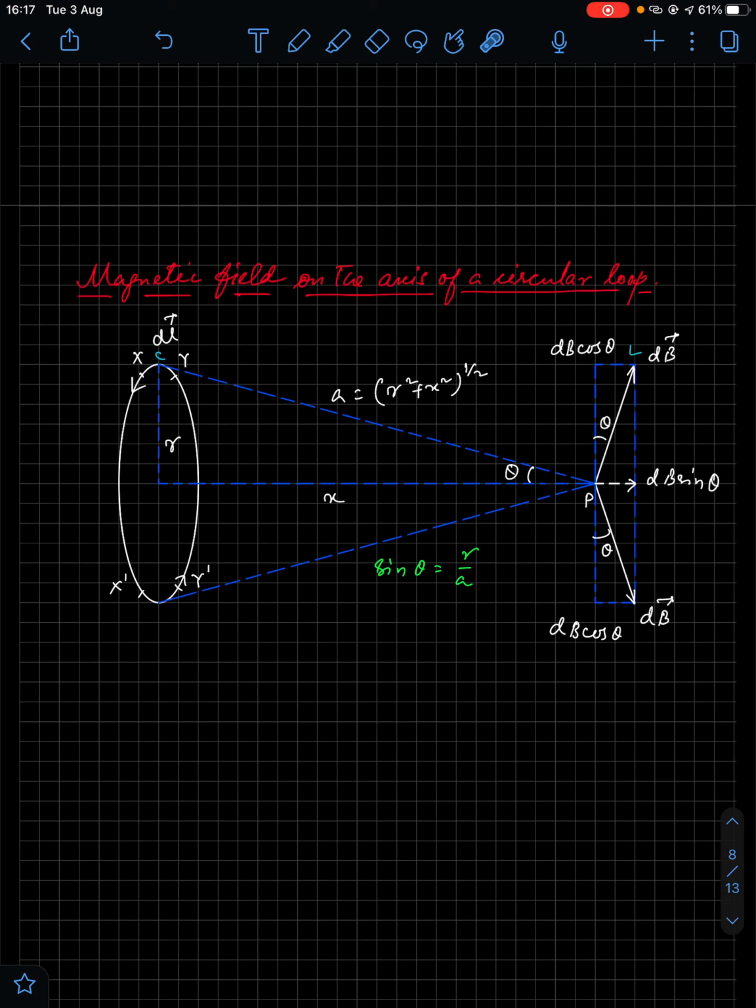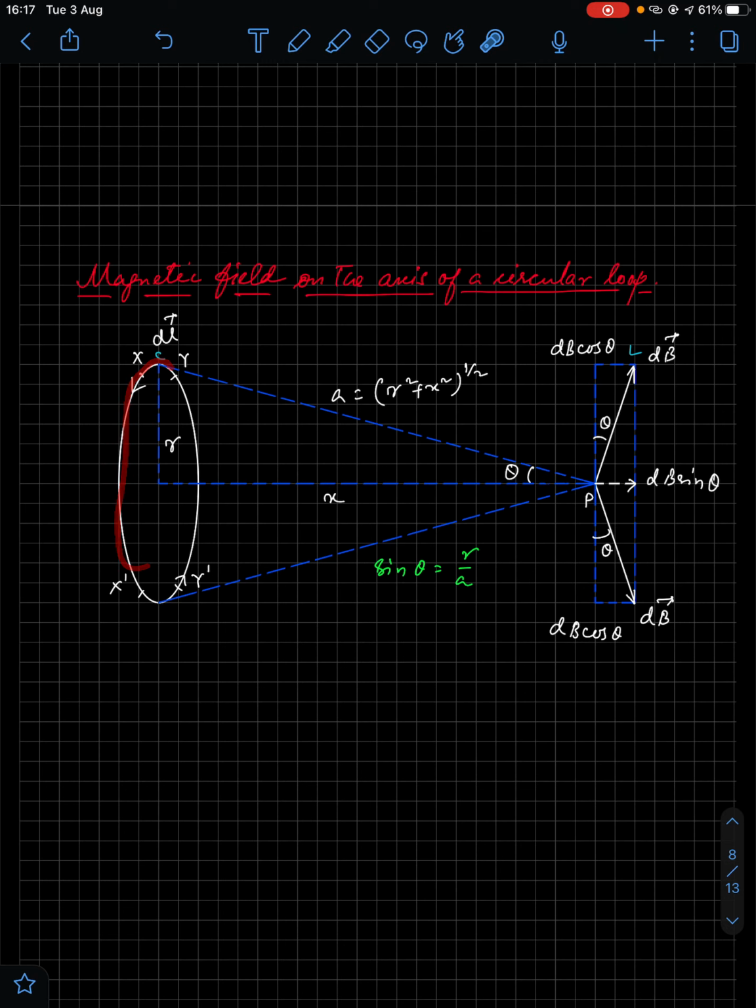Alright, so the next application is the magnetic field on the axis of a circular loop. Now this is a little bit difficult to imagine because this is a three-dimensional figure. You might face some issues. Now you see, this is a wire carrying current in this direction.